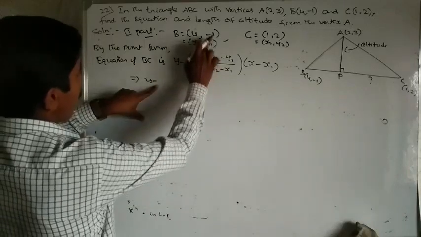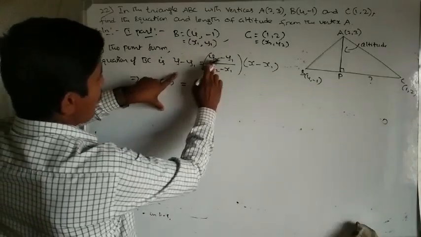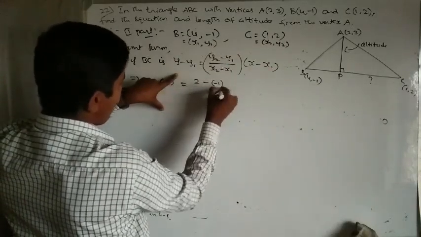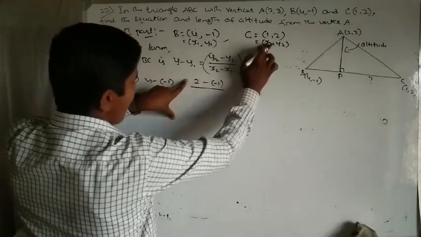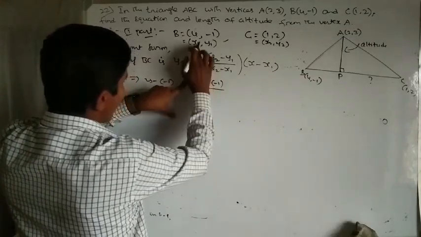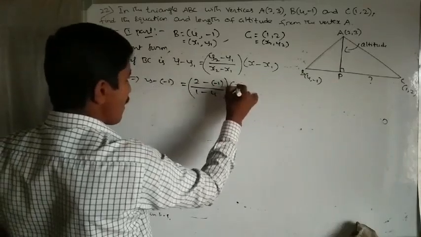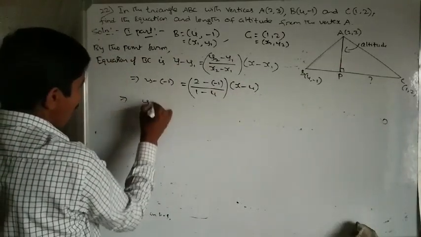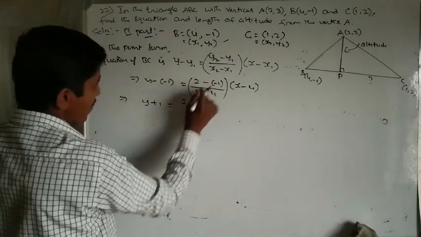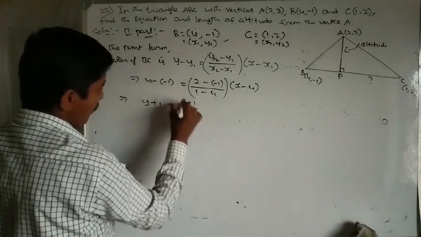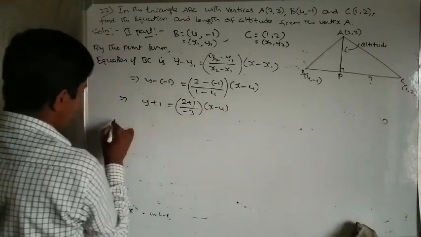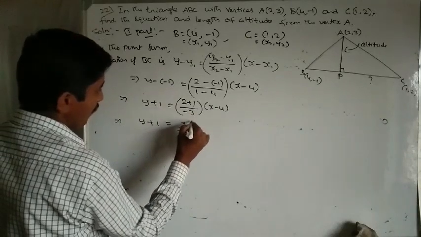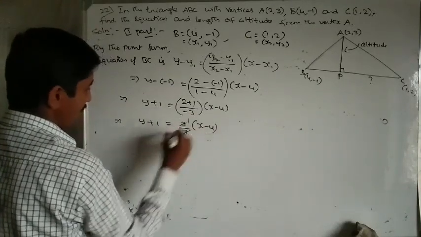Y minus y1, that is y plus 1, equals y2 minus y1, that is 2 plus 1, divided by x2 minus x1, that is 1 minus 4, into x minus 4. Y plus 1 equals 3 divided by minus 3 into x minus 4.